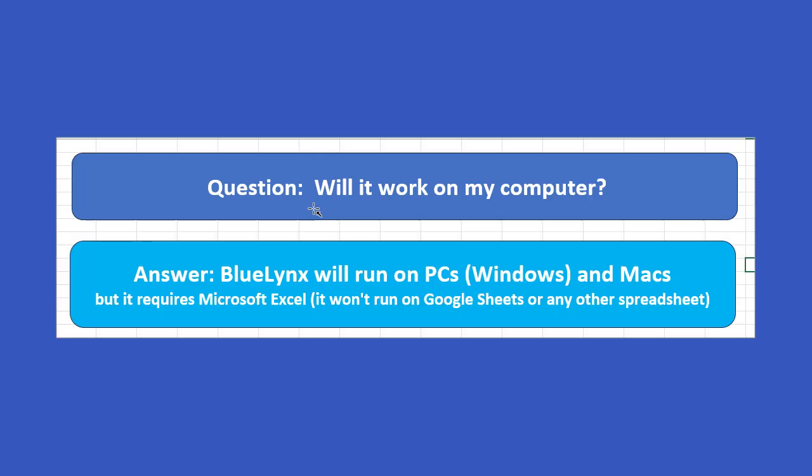Because of that, the spreadsheet will not work on Google Sheets or any other spreadsheet program. It will only run on Microsoft Excel. I understand that's a limitation, but that's a trade-off that I chose to live with because Excel is pretty prevalent, it's been around a long time, and it's pretty solid.